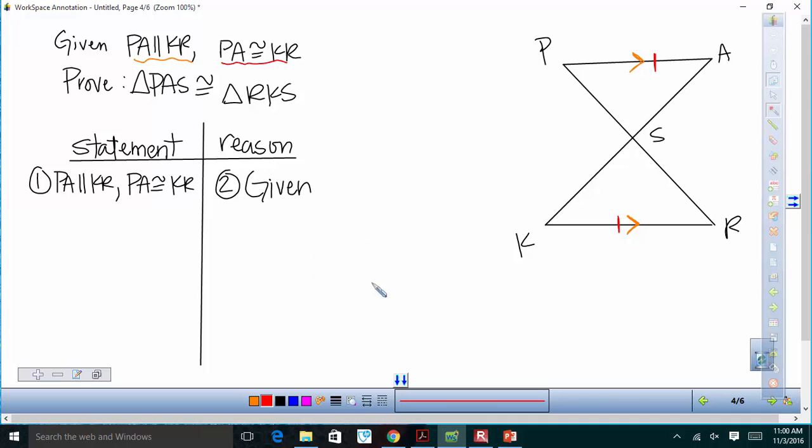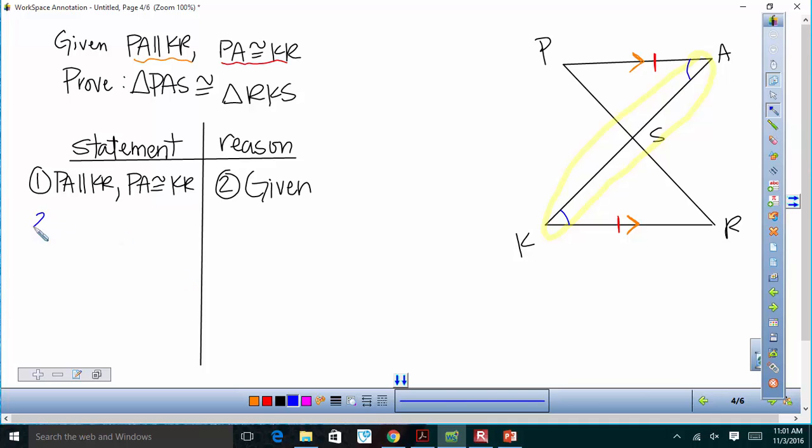So anytime we have parallel lines, we want to look for what? Alternate interior angles. So which one of those do you want to be our transversal? KA. So we're going to use this as our transversal. So that means K and A will be our alternate interior angles.